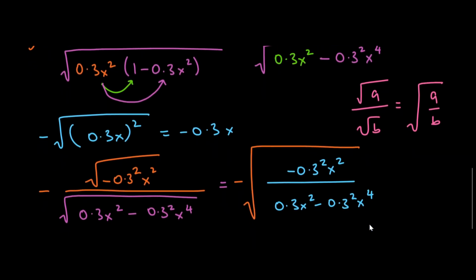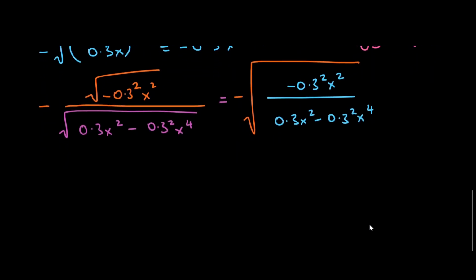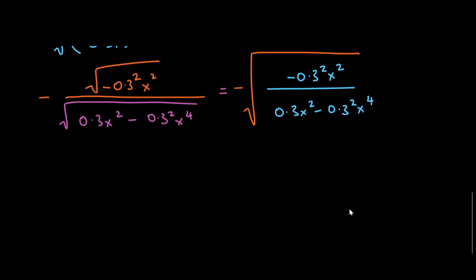Can we simplify it further? You can see a lot of 0.3s and x's, and that's why I didn't square 0.3, I just wrote 0.3 to the power of 2 so we can see that. And now we can simplify it further by reducing that fraction.